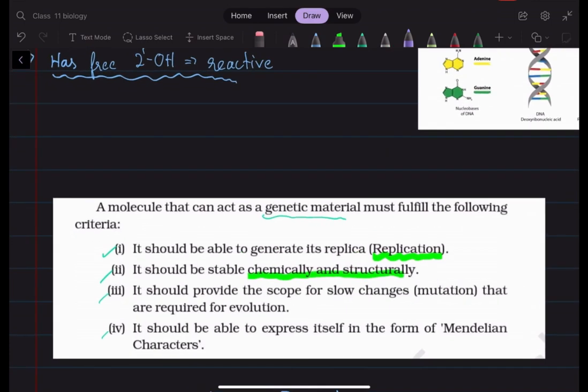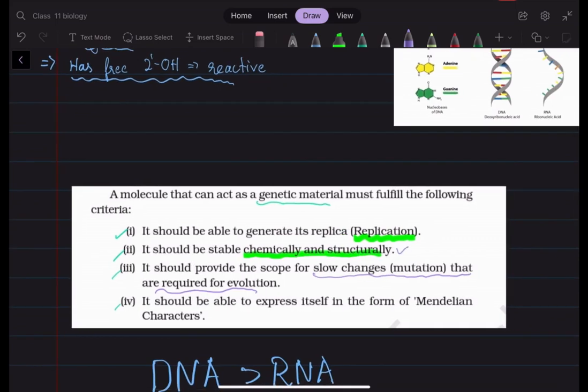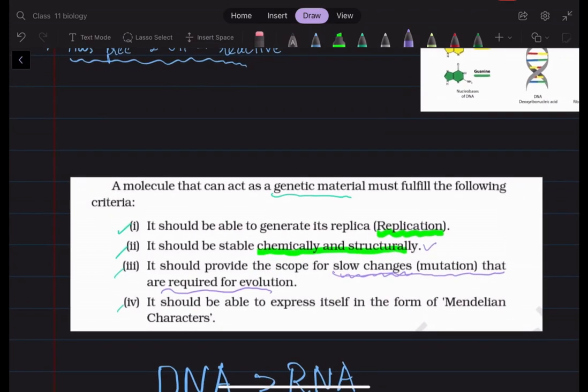And it should provide scope for slow changes, mutations that are required for evolution. Yes, they should be structurally and chemically stable, but they should also give scope for slow changes, mutation, because ultimately mutation is important for evolution. Coming to the fourth point, it should be able to express itself in Mendelian characters.